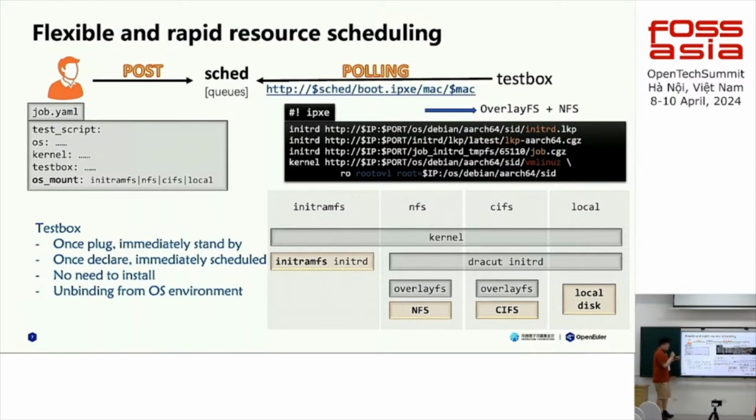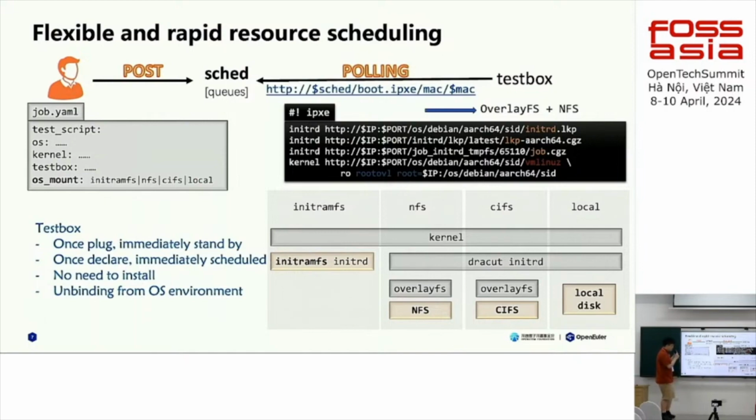And the NFS and CIFS way means we will prepare an initramfs file for a specific operating system distro, and after we deploy the OS by mounting the root fs, but it is read only, we will then mount the overlay.